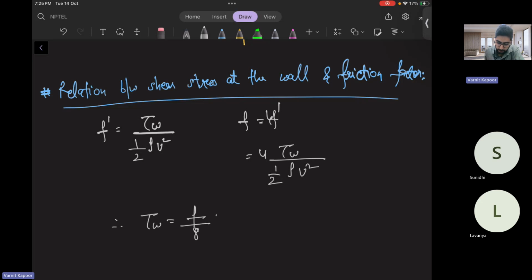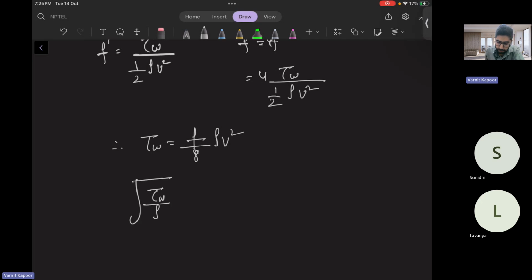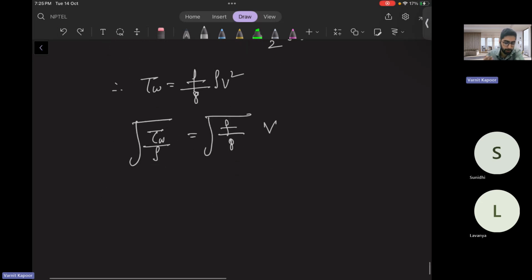F by 8 rho V square. So tau W by rho under root is under root of F by 8 into V. This V is in meter per second, and this term is also a velocity only. So this is shear or friction velocity. Your unit is meter per second, so it is V star.